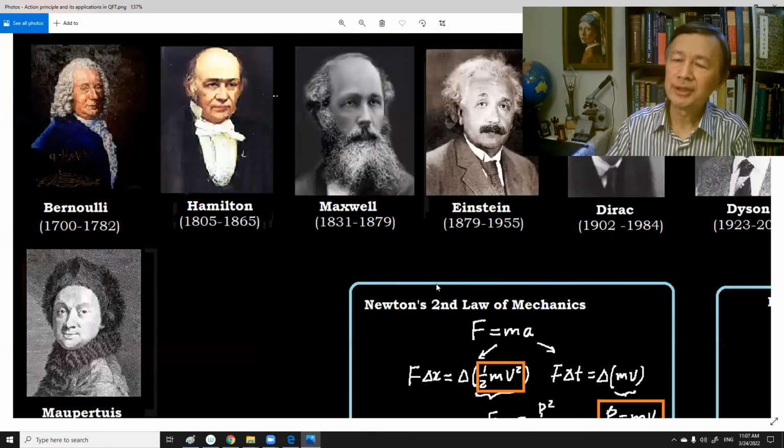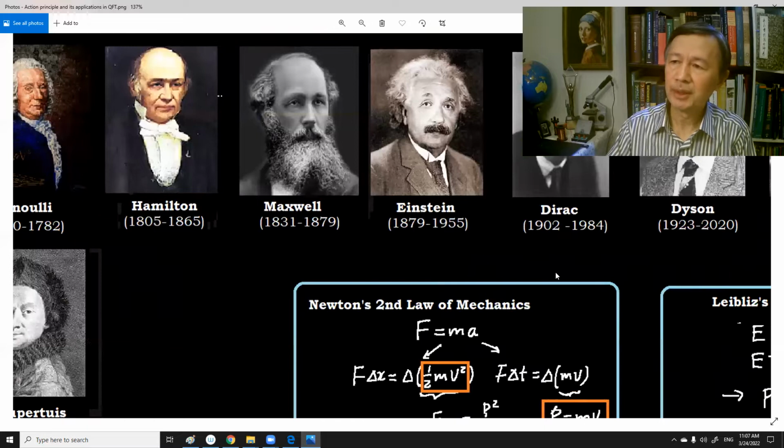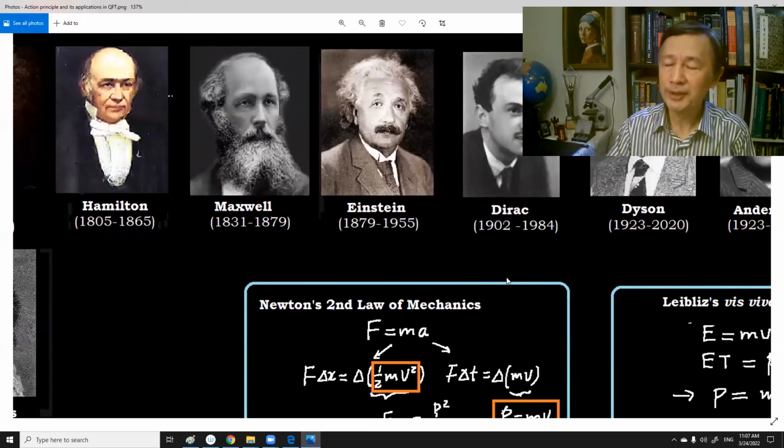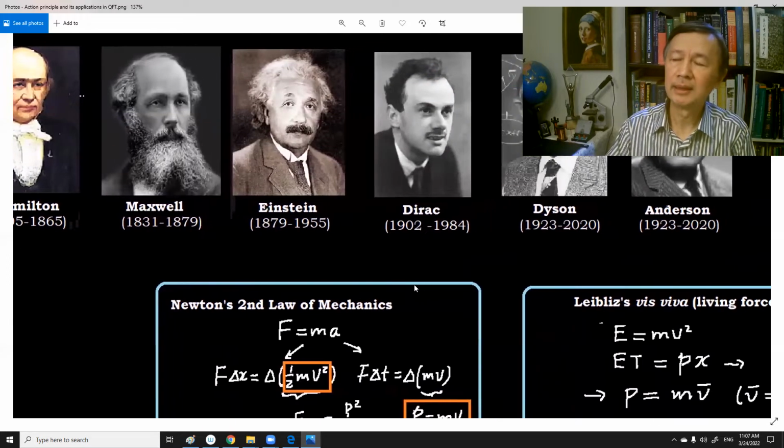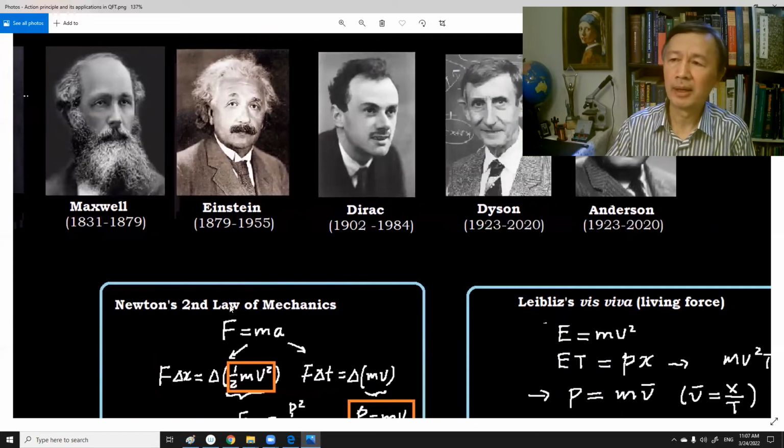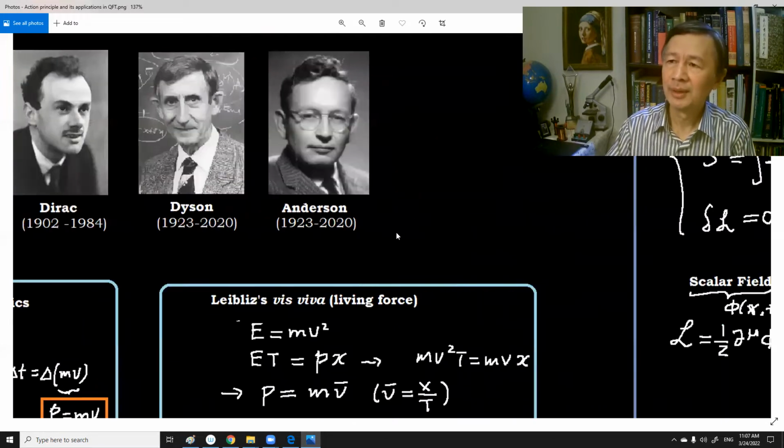And gradually, of course, we'll talk about some more recent physicists. Among them are James Maxwell, Albert Einstein, Paul Dirac. And the last two are my favorite among the recent physicists. One is Freeman Dyson, another is P.W. Anderson.